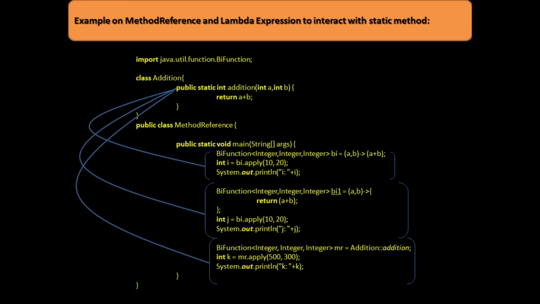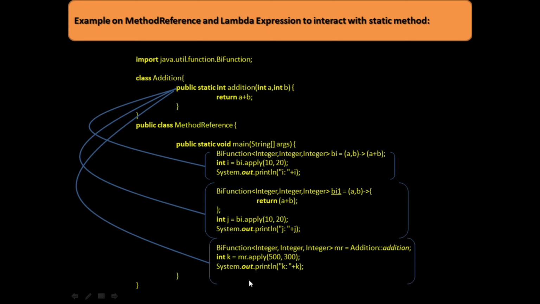Then main class MethodReference, inside the main method we define BiFunction of three Integer generic types, bi equal to, inside the first bracket, a comma b lambda expression with a plus b, and the second one is BiFunction of three generic types, bi1 equal to a comma b lambda expression with curly brackets, return of a plus b. We know that in functional programming there is no need for the return keyword. It is optional. It's no compile time error, but it's bad programming.